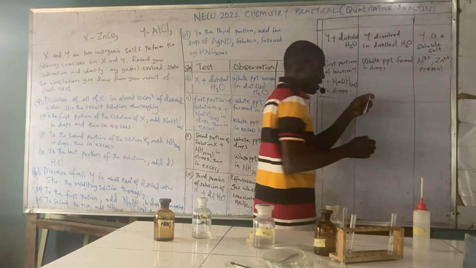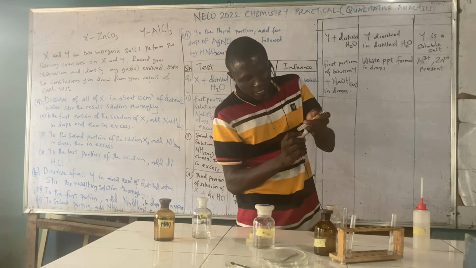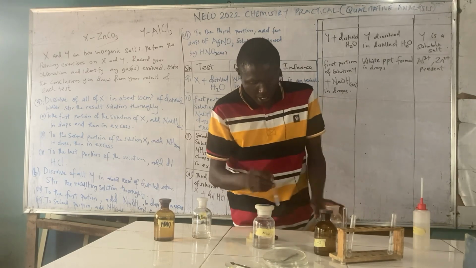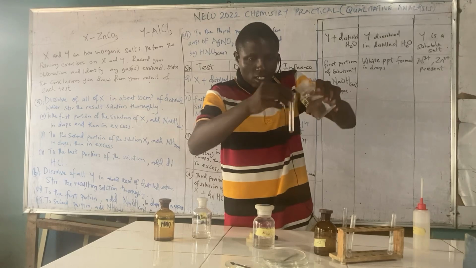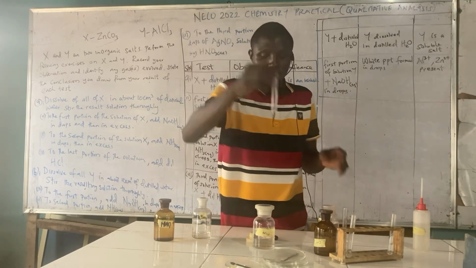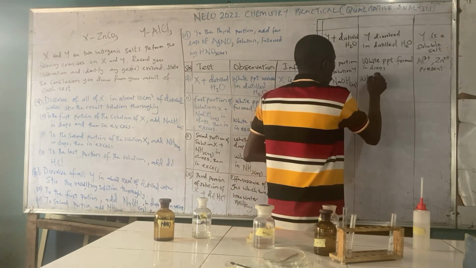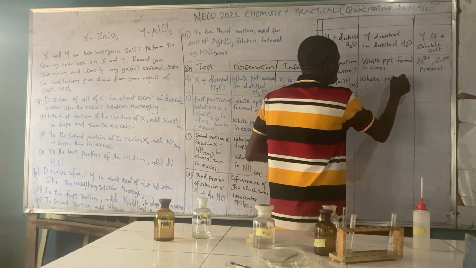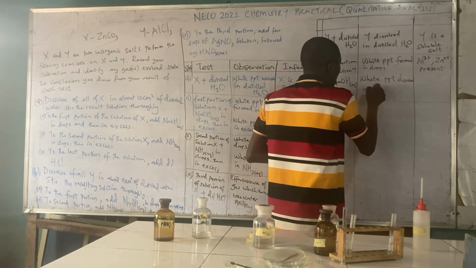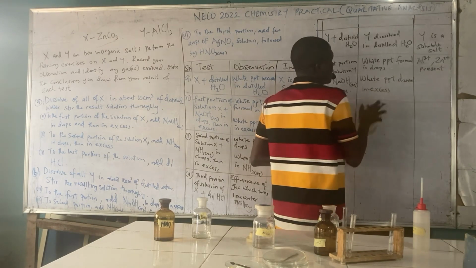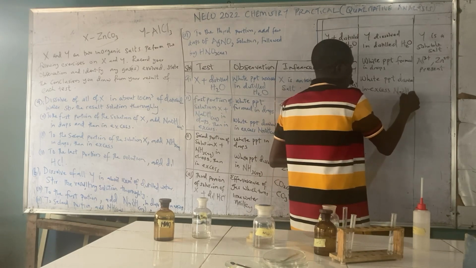Then in SS now, let's see, do we have them soluble in SS? Let's see, SS sodium hydroxide. Wow. It dissolved in SS. The white PPT dissolved in excess aqueous sodium hydroxide.